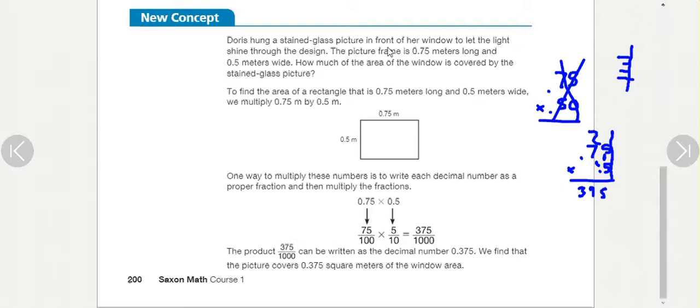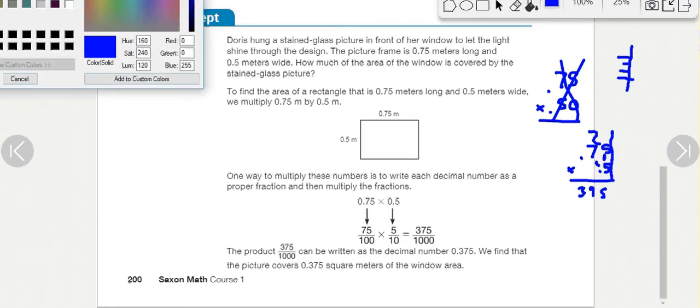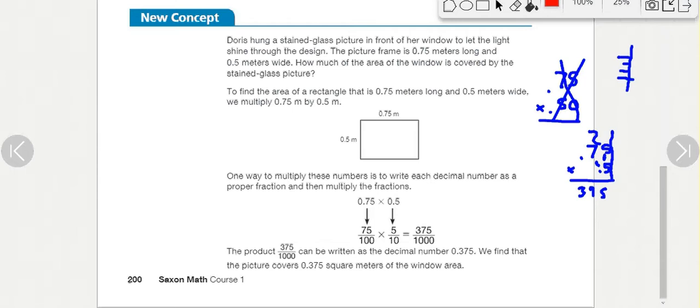Now, I've got a 3, a 7, and a 5. This is where some people might get tripped up deciding where my decimal should go in my final answer. It's not just here, because it was a 2-digit. We actually count the total number of decimal places in the original 2 factors.